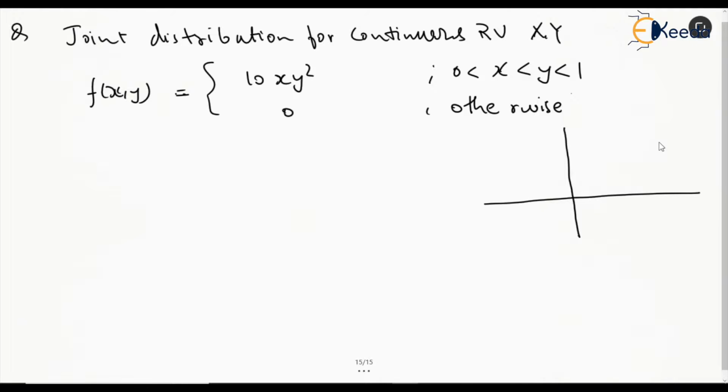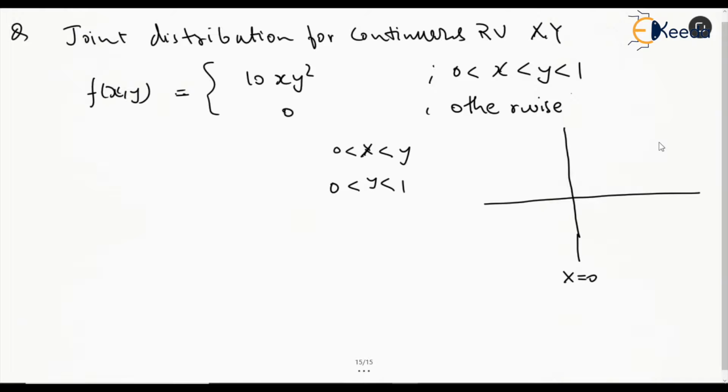Can we write this otherwise as x is greater than 0 and less than y, and y is less than 1 and greater than x? And what is the minimum value for x? It is 0, right? So let's see this. This is x equal to 0, so this is the line x is equal to 0.